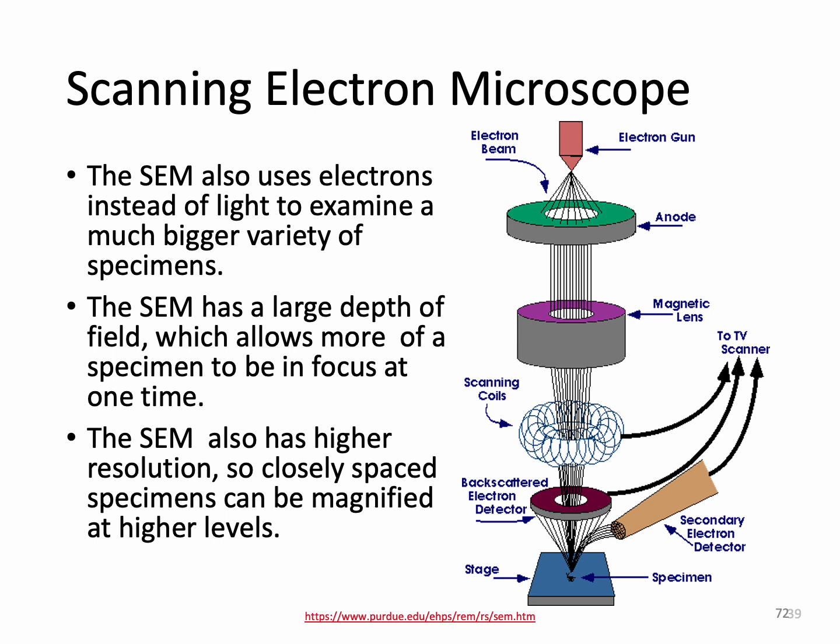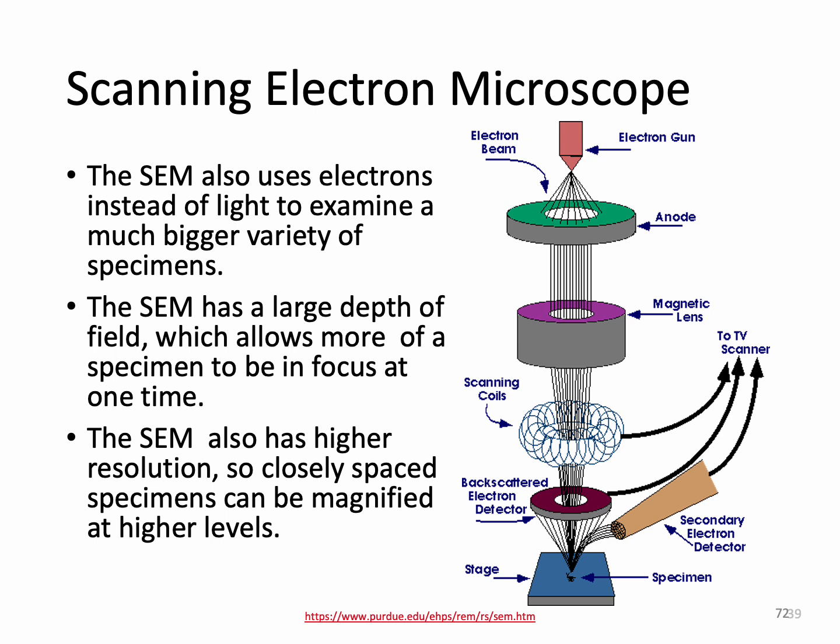Then you have the anode, and then it passes through a magnetic lens, and then the scanning coils, where it also passes through the electron detector, and then it is reflected to the specimen we are looking at. From the specimen, we collect the secondary electrons, and we have the secondary electron detectors.